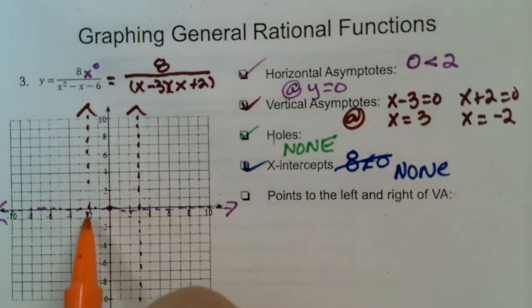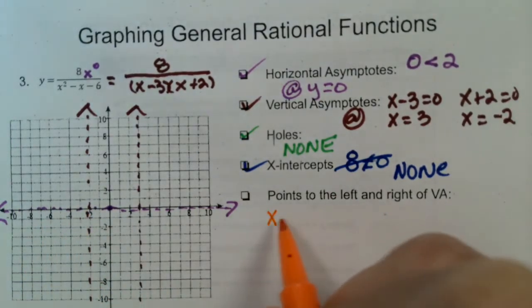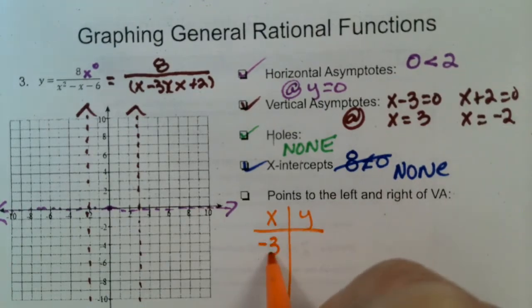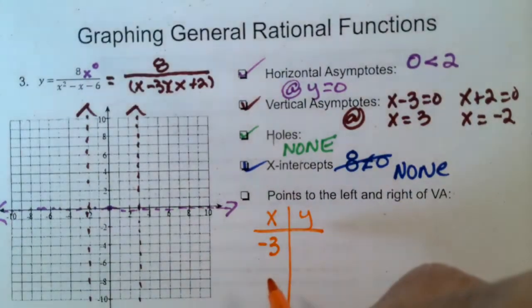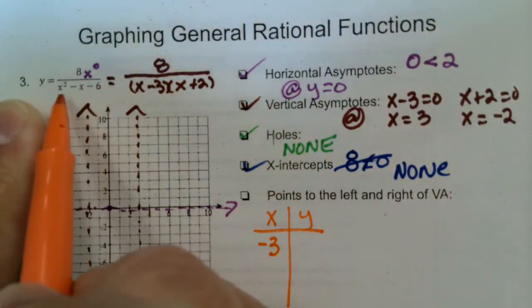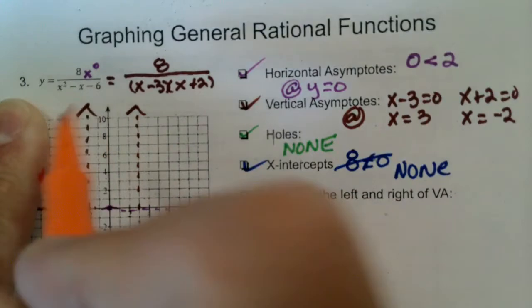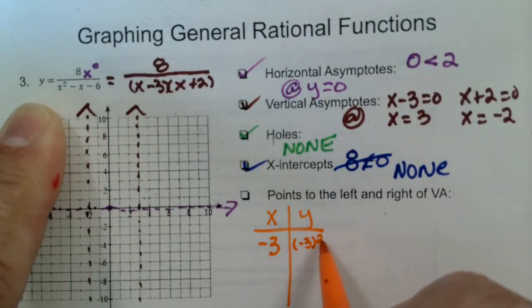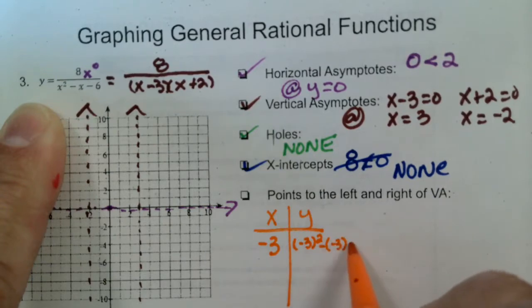So my first vertical asymptote on the left is at negative 2. So I want to pick something to the left of that. And negative 3 is easy. So we'll just pick negative 3. And just like we've done in the past, we will plug negative 3 in for our x values to get what y is. So that is negative 3 squared minus negative 3 minus 6.